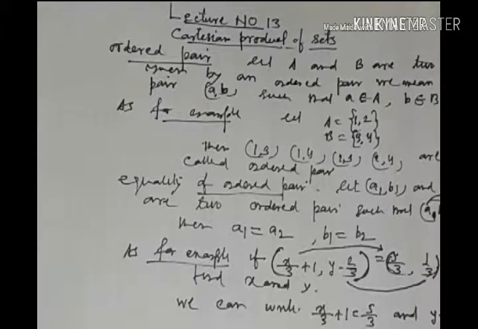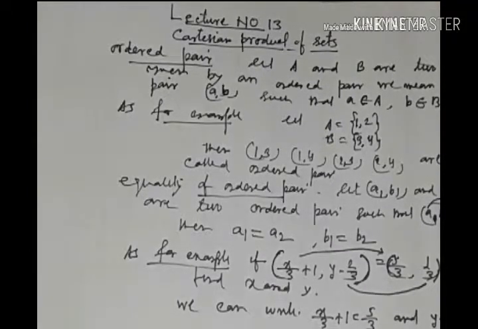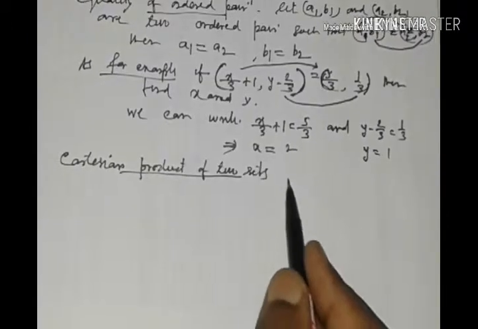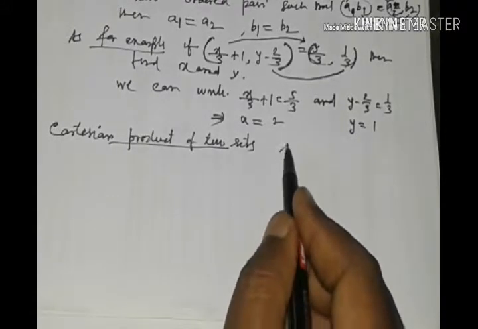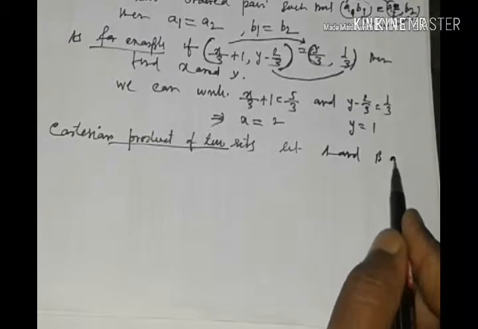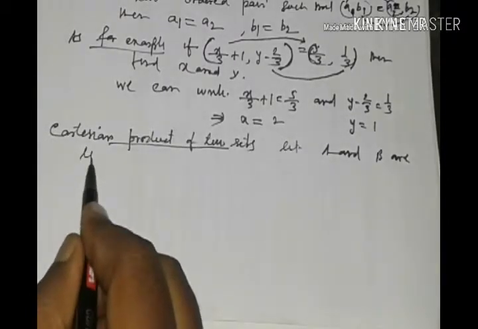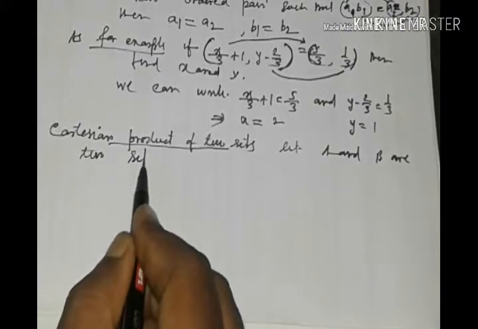Now Cartesian product of two sets. Let A and B be two sets.